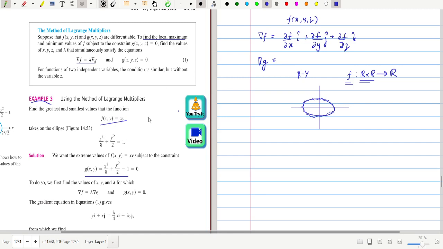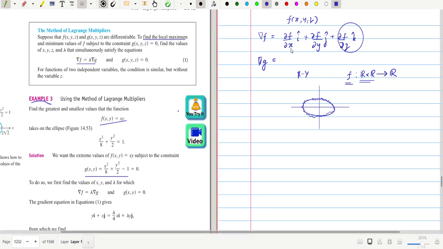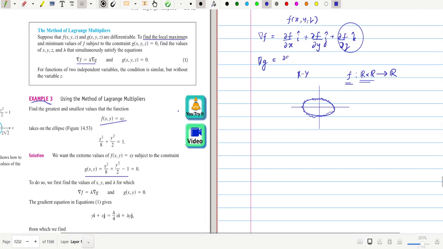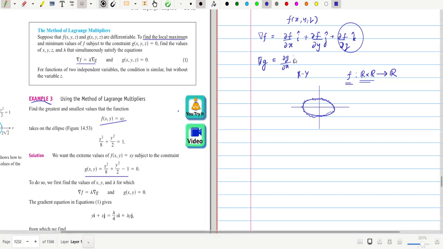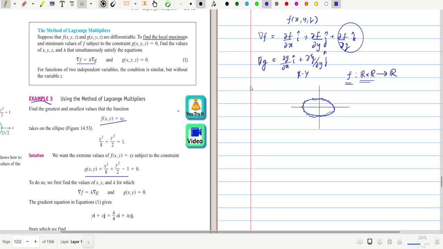The gradient of f is the partial derivative of f with respect to x times i plus the partial derivative of f with respect to y times j. Similarly for g. So we need to solve the equations: gradient f equal to lambda times gradient g, and g of x, y equal to 0.